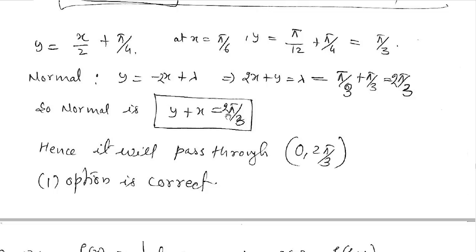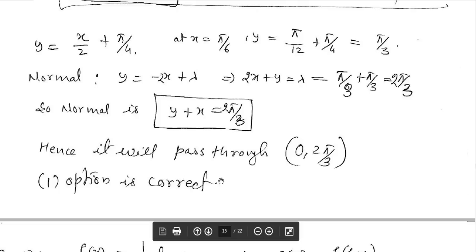Hence 0 comma 2 pi by 3 will not be the answer. This would be the answer, 0 comma pi by 3. So you need to just change this. This is the mistake that I have made here.